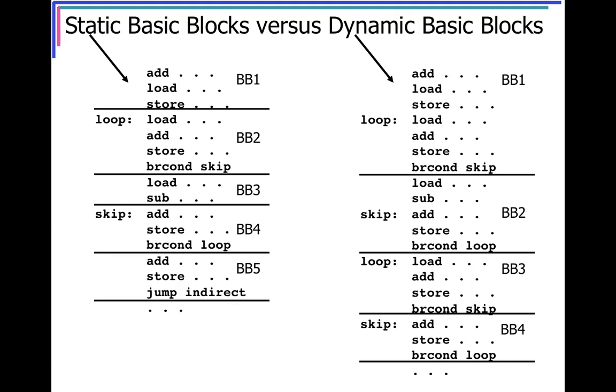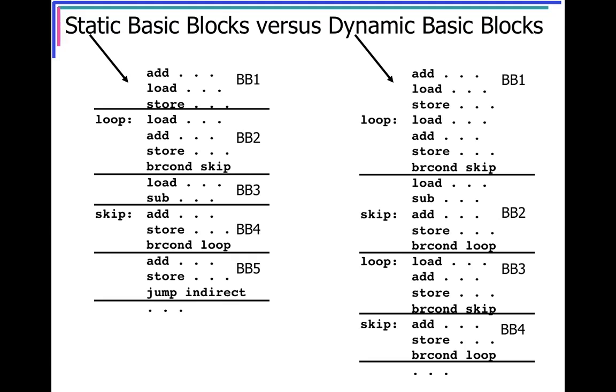We simply execute until we hit a conditional branch or a jump, and that's where we start our next basic block. If it happens to be at a label, we're lucky, and it maps to that of the static basic blocks. But in some cases, like in basic block 2, the skip label is in the middle of a basic block. We're never going to jump into this basic block in the middle, but I've included the skip just for your reference.